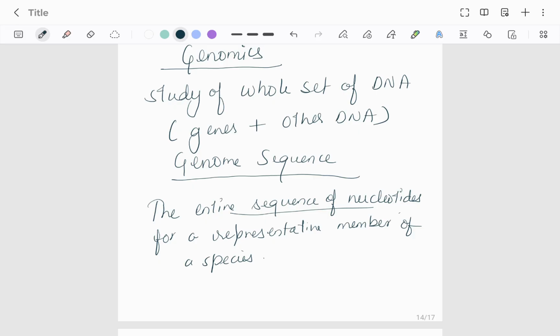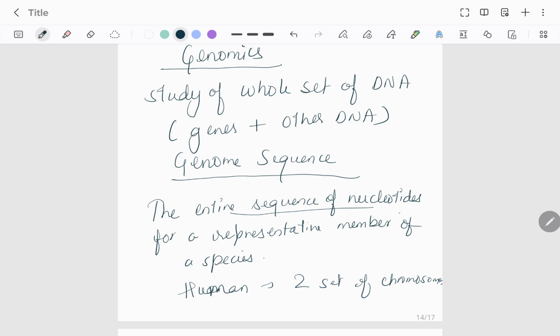In one cell, there are two similar sets of chromosomes, right? For human, you have two sets of chromosomes, so 46 chromosomes, right?